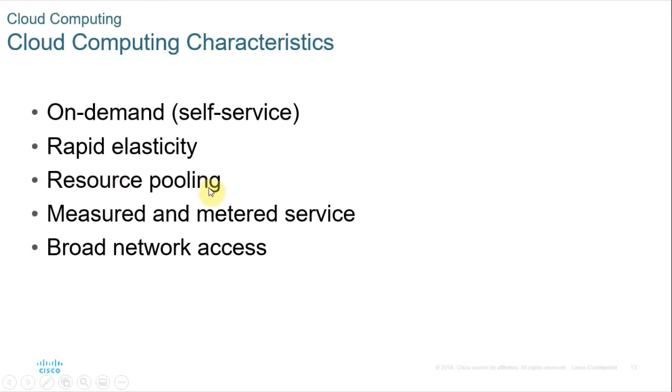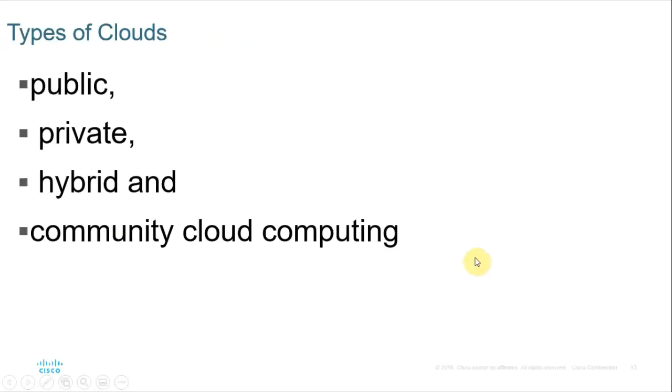Resource pooling, measured and metered services: you pay for what you use. Broad network access. So these are some of the characteristics of cloud computing: on demand, rapid elasticity, resource pooling, measured and metered service, broad network access.